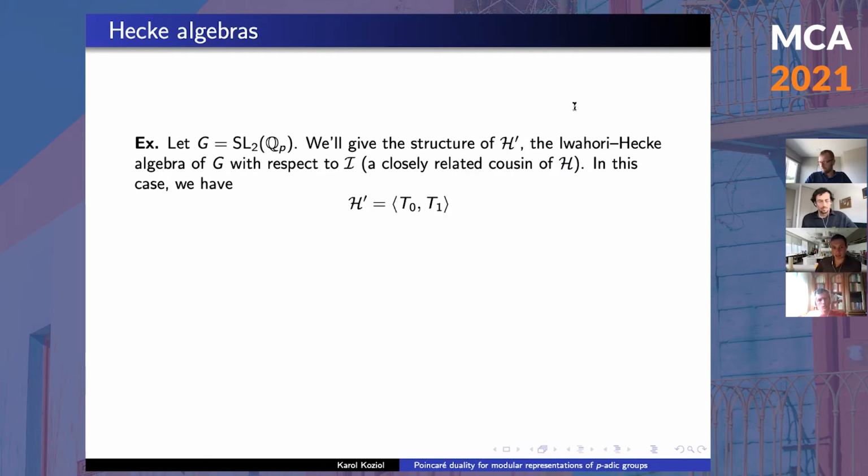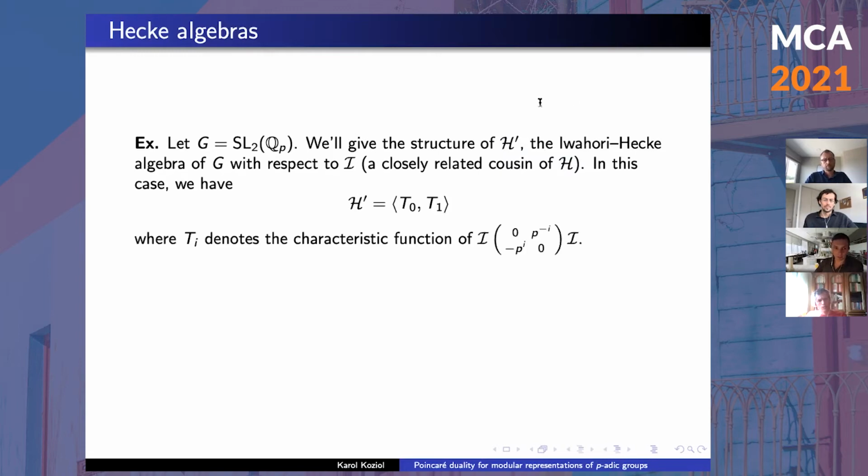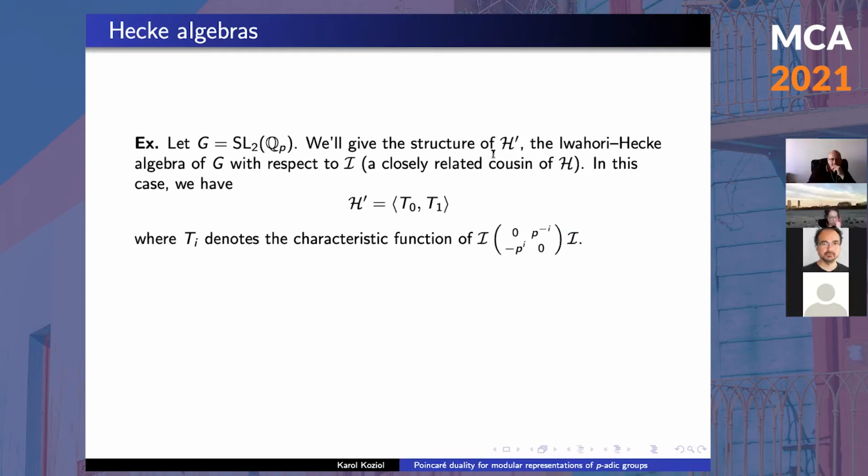In this case, H' is generated by two functions, T_0 and T_1, where T_i denotes the characteristic function of this specific double coset. When i equals 0, this is just a reflection in the Weyl group. And when i equals 1, it's a reflection in the Weyl group adjusted by p.